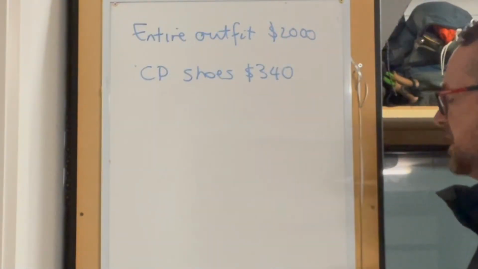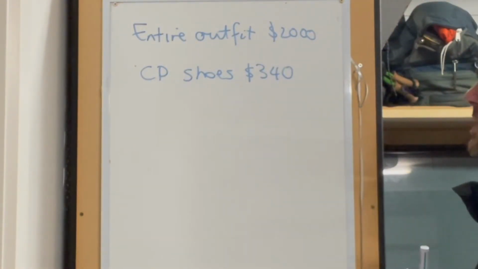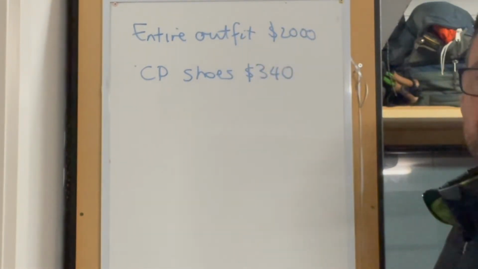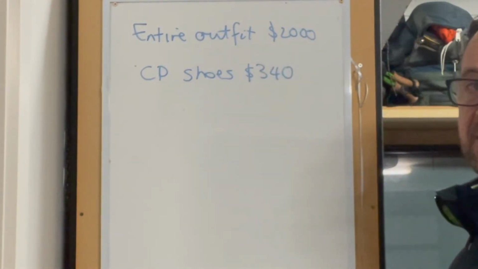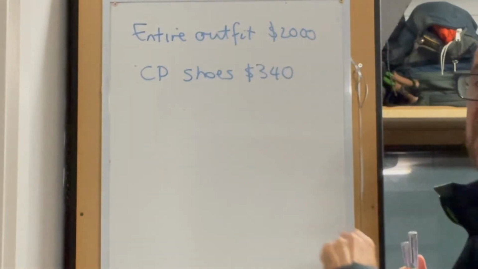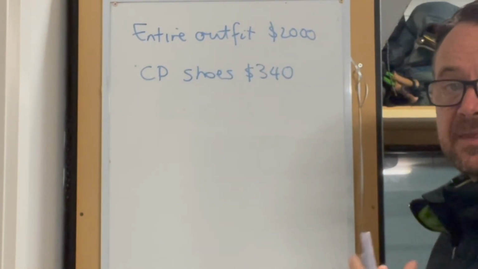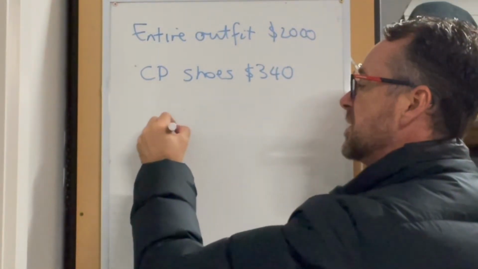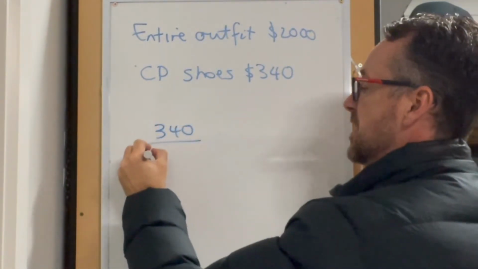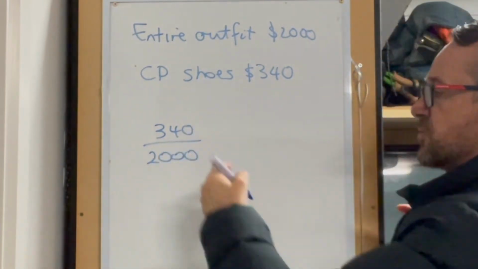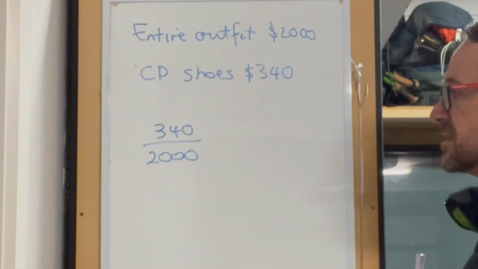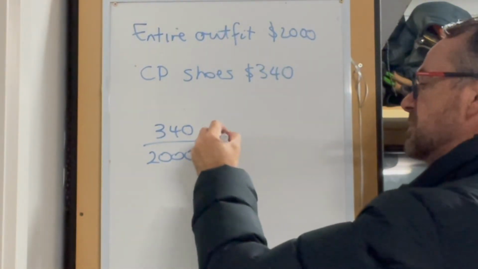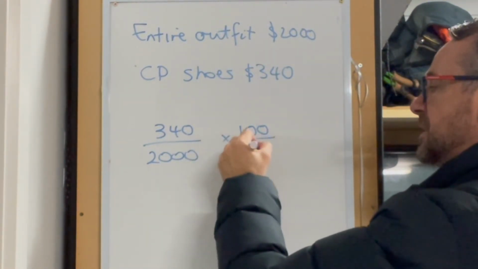Okay, part C asks us to find the percentage of the cost price of the shoes compared to the value of the entire outfit. Now, both these bits of information are given to you in the paper. So it's really just a case of making a fraction out of those. So really, a percentage is what fraction, okay? So we have here 340 over 2,000, and to turn any fraction into a percentage, we simply need to multiply by 100 over 1.